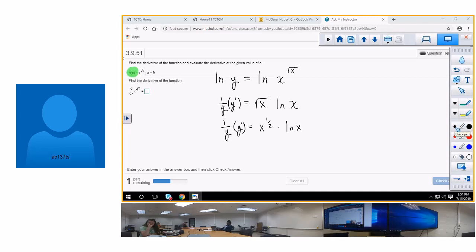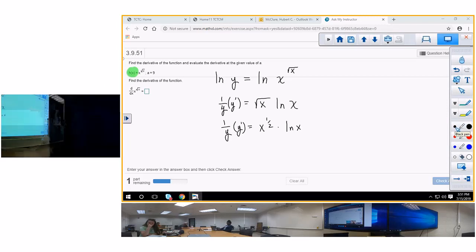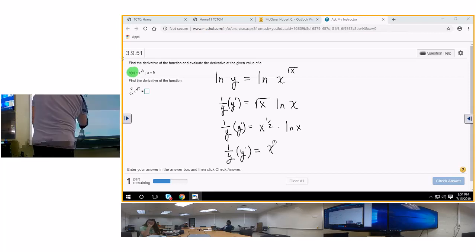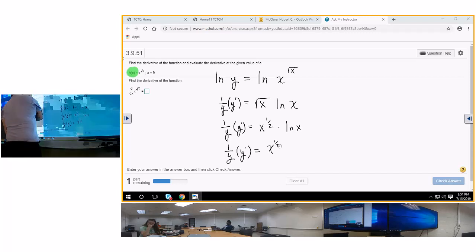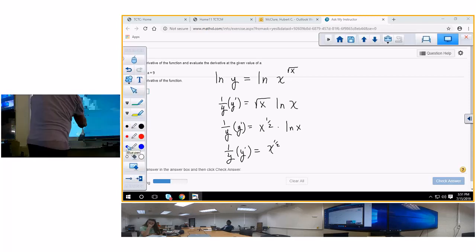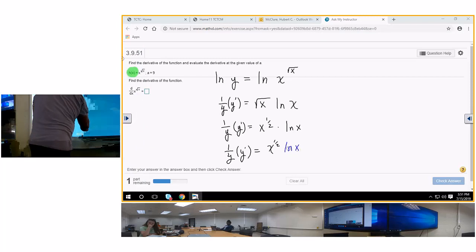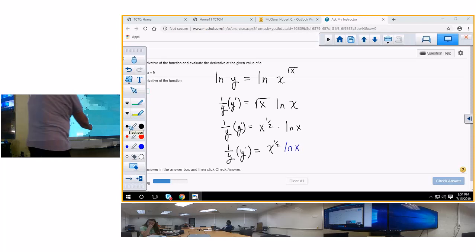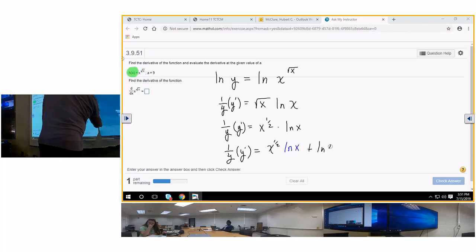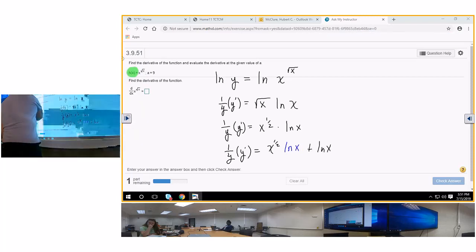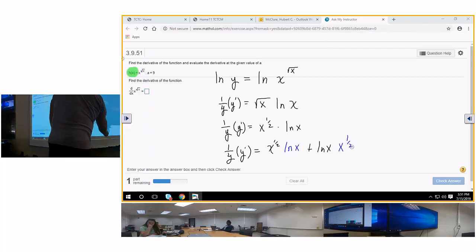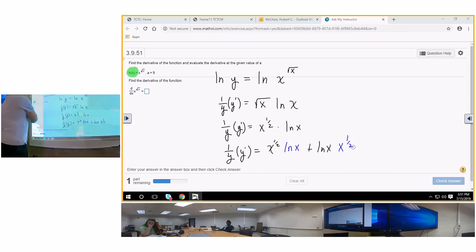All right, so first, 1 over y times y prime is equal to first times the derivative of the second plus the second times the derivative of the first. So now let's take the derivatives.